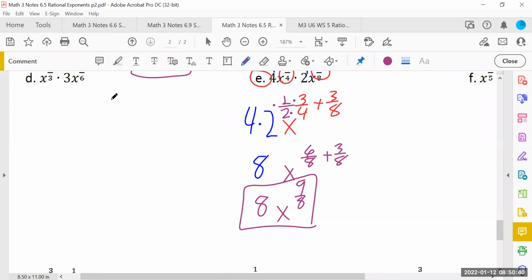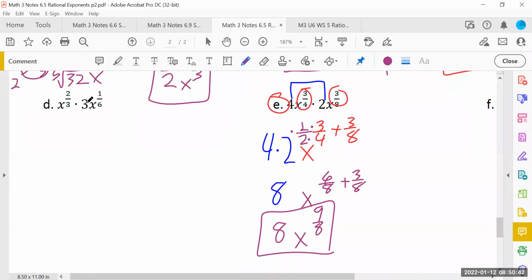So if we go back then real fast, we can knock out D super quick. The 3 on D stays out in the front. It's like 3 times 1. x to the 2/3 plus 1/6. Get a common denominator, which means multiplying top and bottom here by 2.